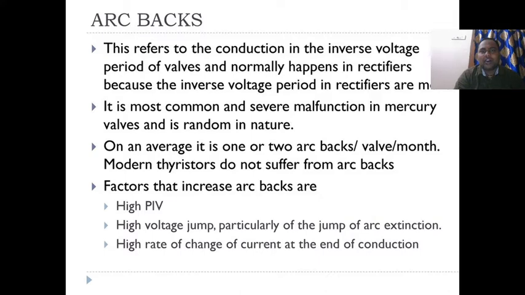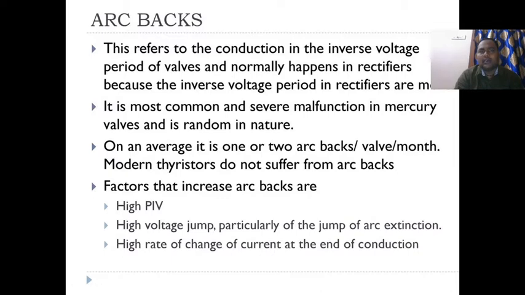Arc back refers to conduction in the inverse voltage period of valves and normally happens in rectifiers. So what are rectifiers? The rectifiers convert AC to DC, and the inverse voltage period in rectifiers is longer. It is a common fault.